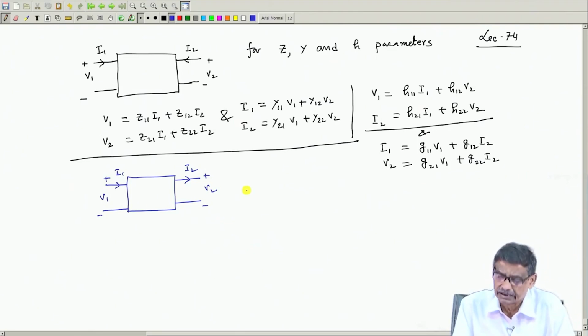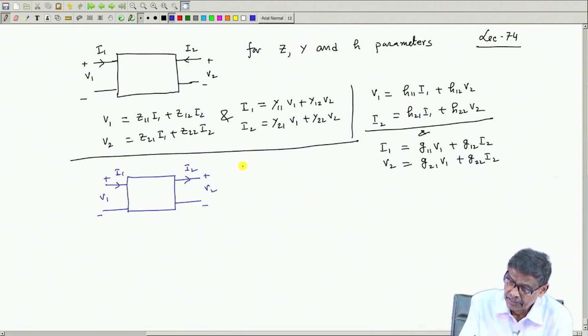You can write this as current entering, but then you should write minus I2. Then the input voltage and input current can be related with output voltage and output current as V1 equals A V2 plus B I2, and I1 equals C V2 plus D I2.